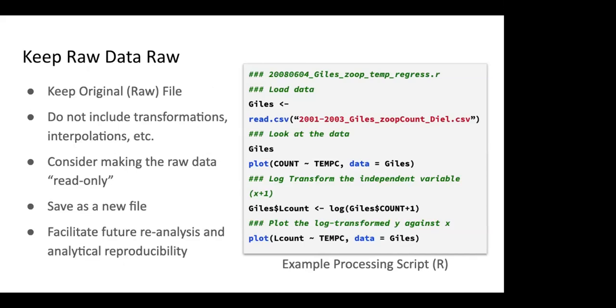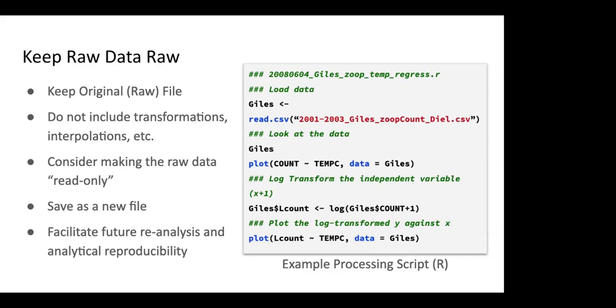So a key practice when analyzing your data is to always keep a copy of your raw data. Since analytical and data processing procedures improve or change over time, having access to that raw data can facilitate future analysis and that reproducibility.